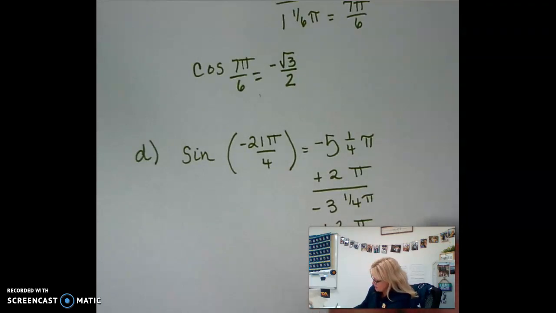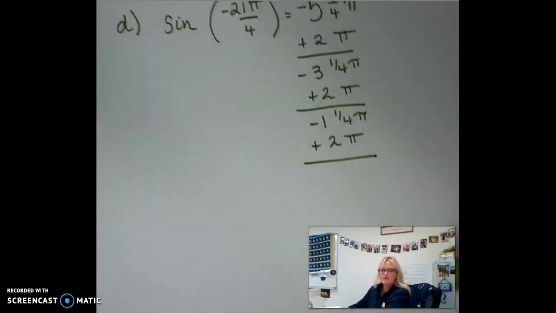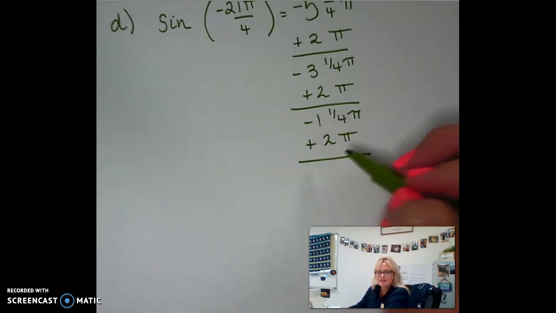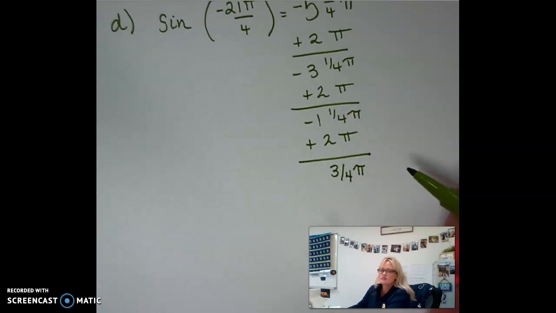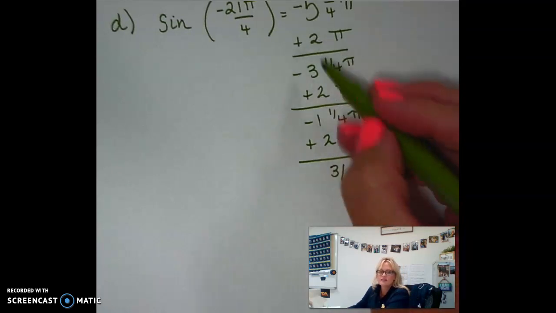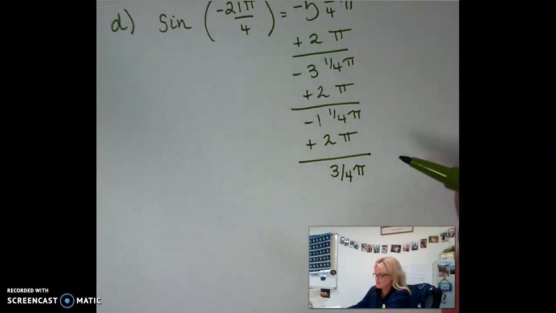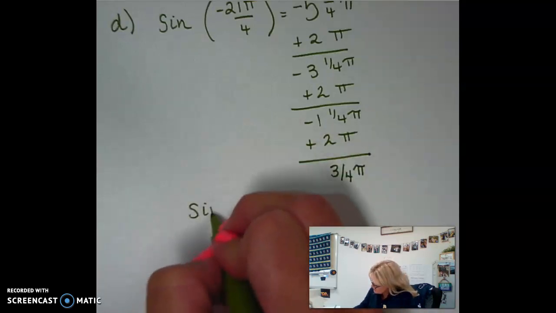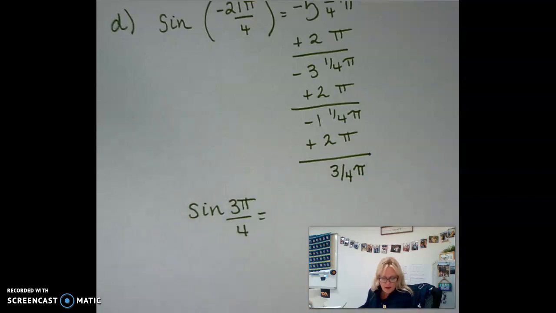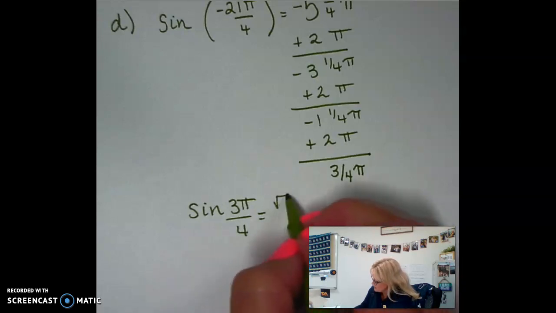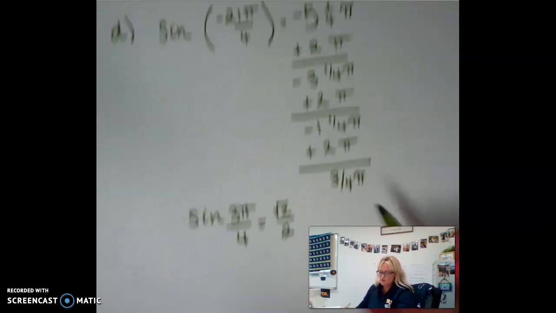When I add another 2 pi here, I have a positive 3/4 of a pi. So I actually added a total of 6 pi. Now I find the sine of 3 pi over 4. Sine is your y value, and 3 pi over 4 gives me square root of 2 over 2.